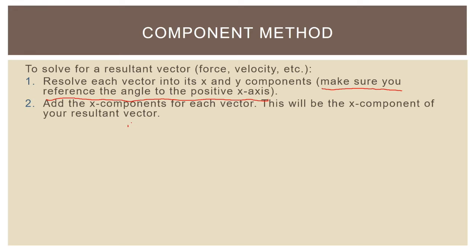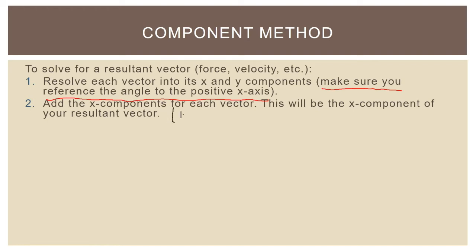Step 2 is you need to add the x components for each vector. And this will be the x component of your resultant vector. And so we can write here a simple little equation for that.